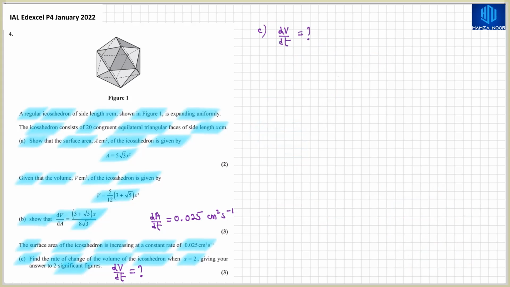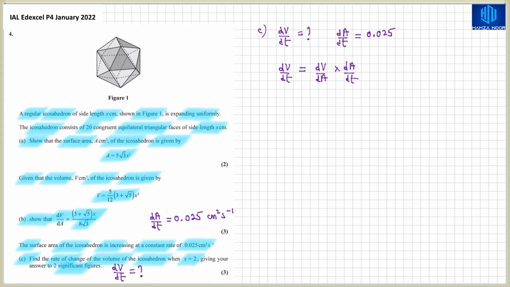It is unknown, and dA over dt is given to us in the question, which is 0.025. So in order to find dV over dt, we can use the formula of chain rule dV over dA multiplied by dA over dt, and therefore dA and dA will be cancelled out and you will get dV over dt.